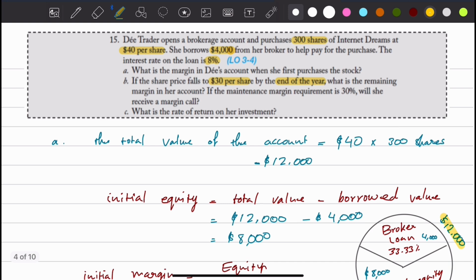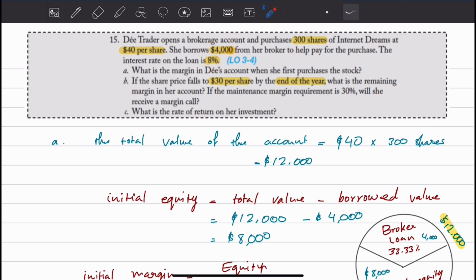It says what is the remaining margin in her account? Now we want to show two things: the effect of the drop in price, which is reflected in the reduction of the total value of the portfolio, and also the effect of interest that should be paid on the loan, because the key phrase here is that by the end of the year, the investor will also have to pay this interest on this borrowed amount.